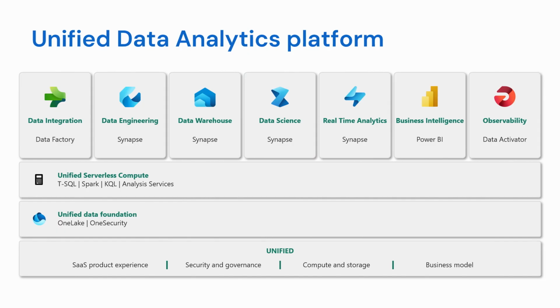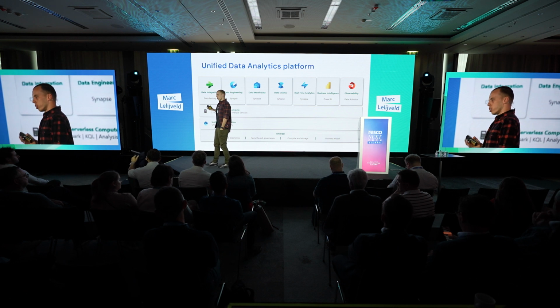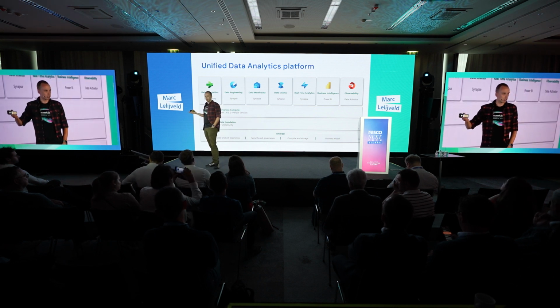And then we get all the familiar tools on top of this. These are all the tools that we might already have had before that are part of Fabric. That starts with data integration, what we do with Data Factory. Azure Data Factory was there before, where we could transform and copy the data easily into another location, which is now brought to Fabric, and it's also available as a service.